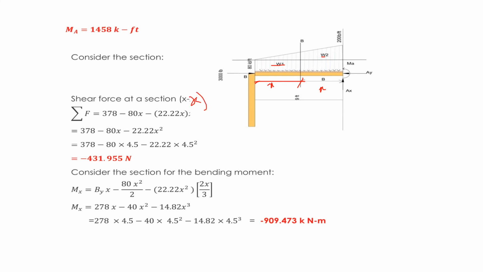Then the second thing we have to consider is the section for the bending moment. So bending moment Mx is 378x minus 80x squared over 2 minus 22.22x squared over 2 times 2x over 3. So we come up with negative 909.473 kilonewton meter as the final answer.